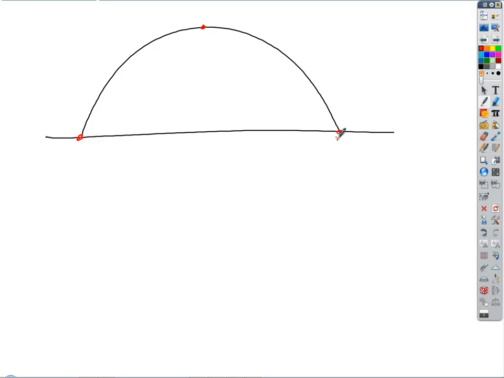Let's call the initial height of the ball h naught, so we're not pinning ourselves down to having it always be 0. So this is at y equals h naught, and this point up here, we're going to call y equals h.